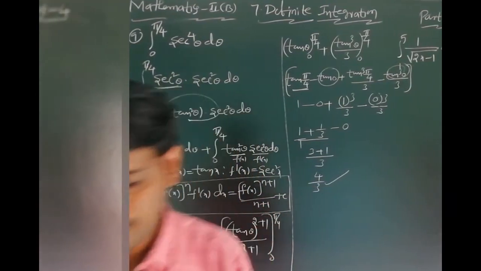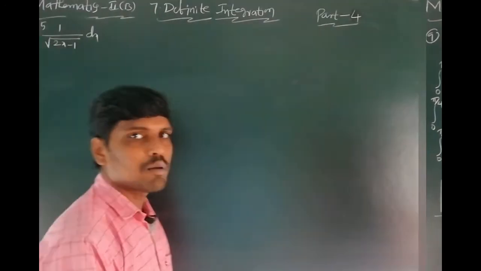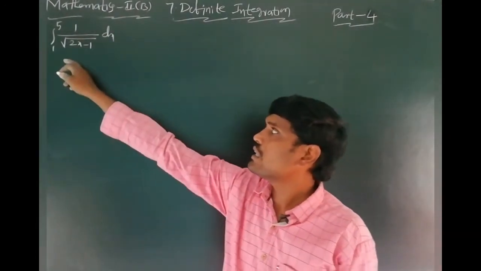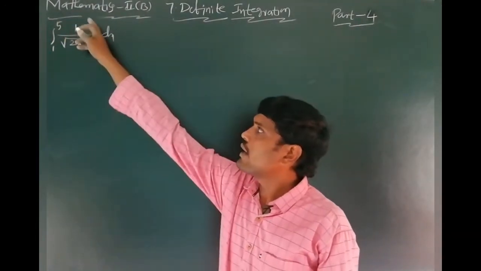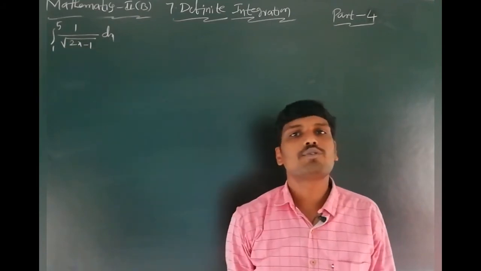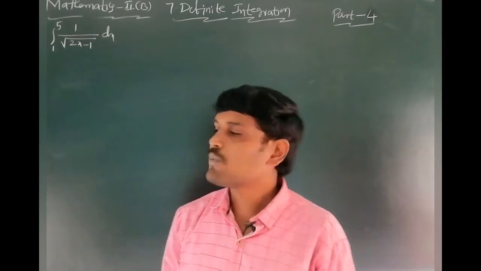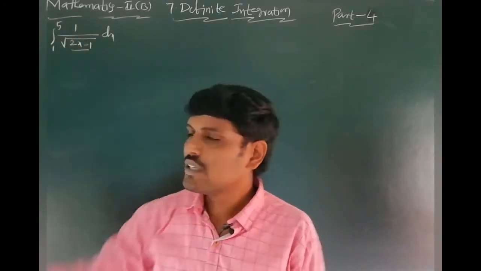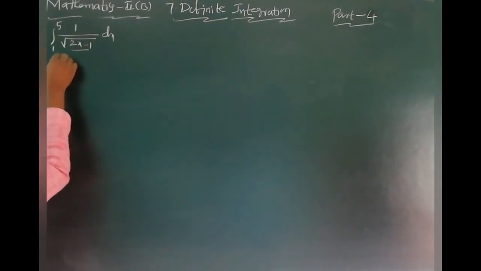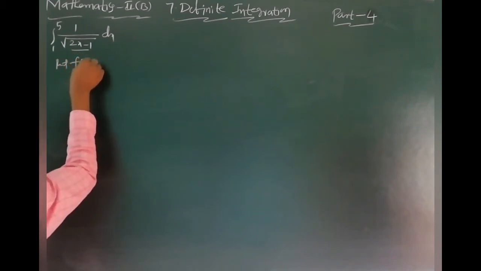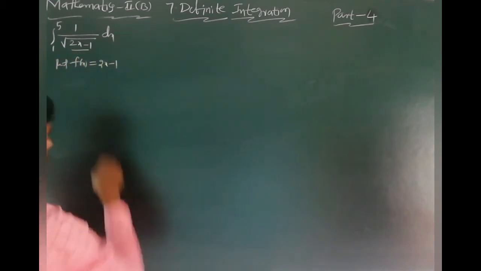Next problem is integral 1 to 5 of 1 by square root of 2x minus 1, dx. This is the next problem. In this problem, suppose you take this one as f of x. Put f of x equal to 2x minus 1.